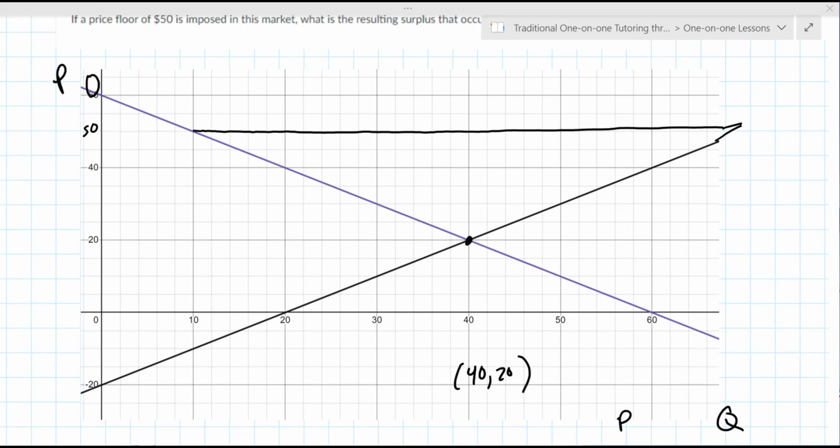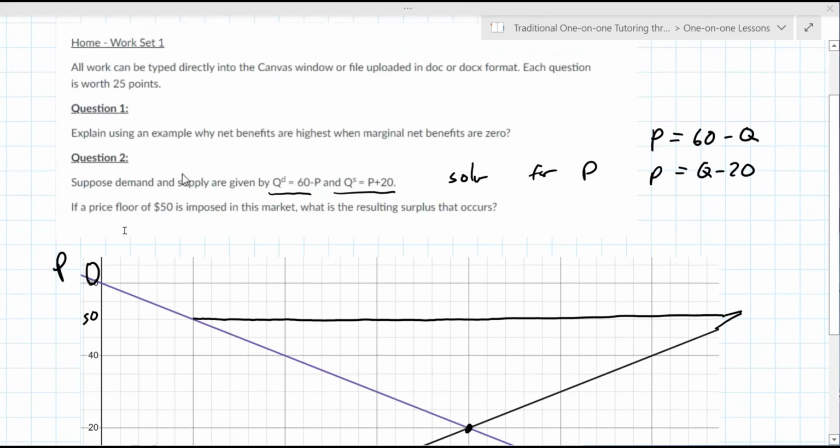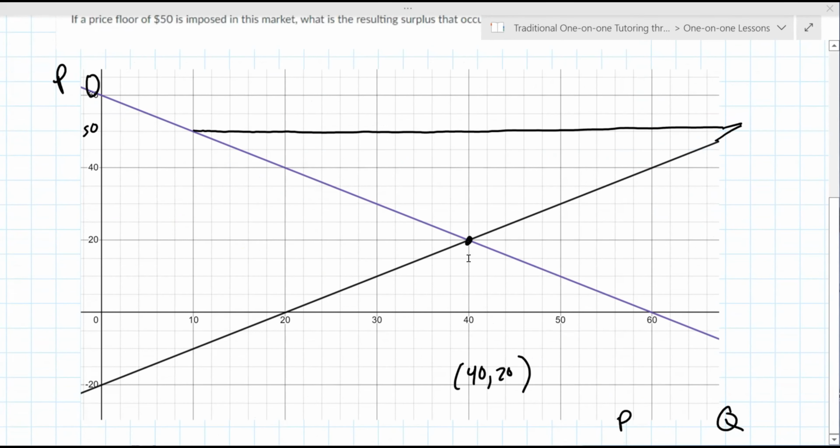Do I need to explain that, or is that something you've been talking about in class? Can you go over it? So the equilibrium price and quantity is 20. As a buyer you expect to pay 20 in this market. If someone tells you you're going to pay 50, you'd rather pay 20.